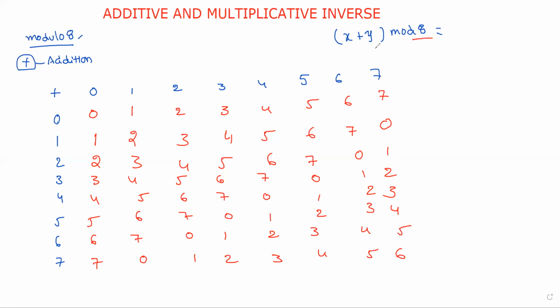Similarly, I will explain multiplication with modulo 8 also. How do you perform multiplication? Simply x into y mod 8. Take 0, 1, 2, 3, 4, 5, 6, 7 for the rows and columns of the multiplication table.